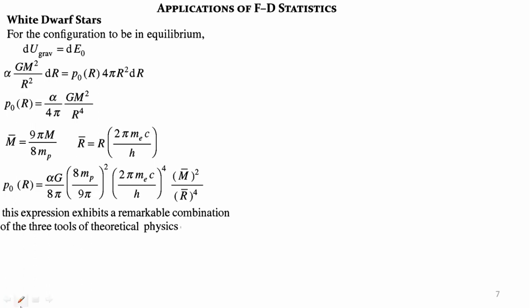Now, this expression exhibits a remarkable combination of three tools of theoretical physics. Three very interesting tools of physics are sitting in it. Now, try to guess those three tools. One is quantum mechanics, which we have applied, and we have been applying Fermi Dirac statistics.